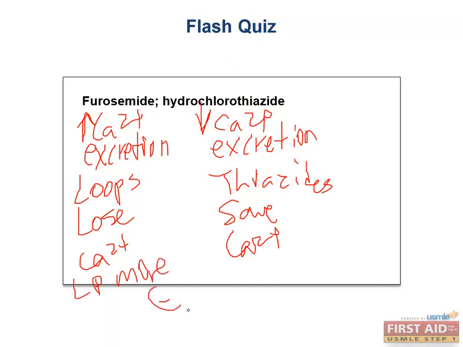And thiazides save calcium because they make the lumen potential more positive. So a more negative lumen potential will keep calcium in the filtrate and cause it to be excreted, whereas a more positive lumen potential will increase the paracellular reabsorption of calcium and cause less of it to be lost in the urine.